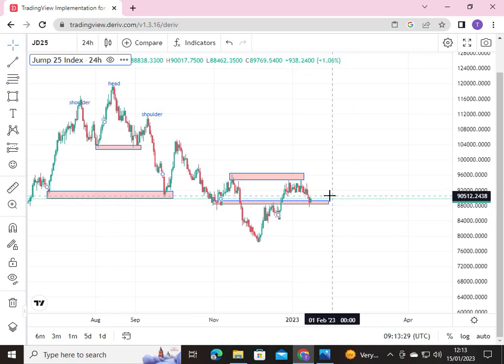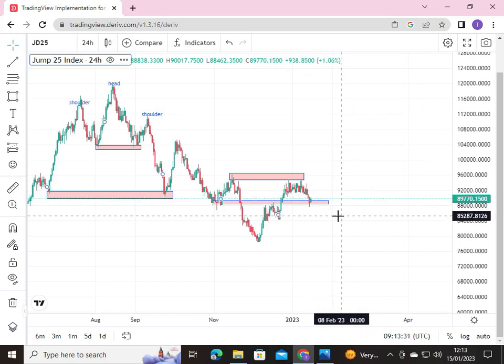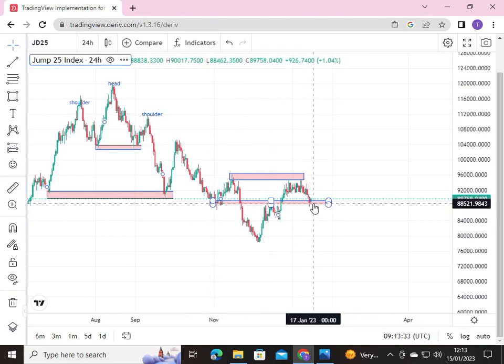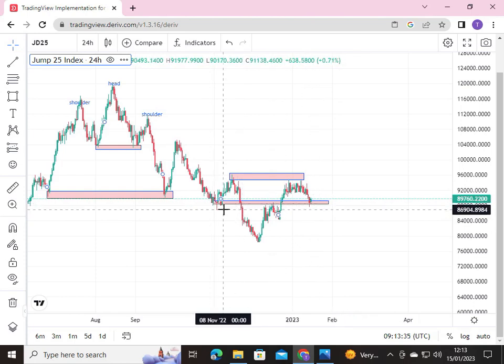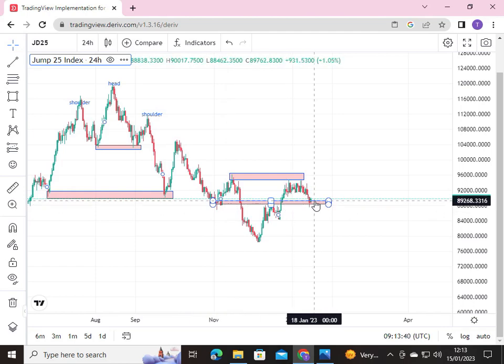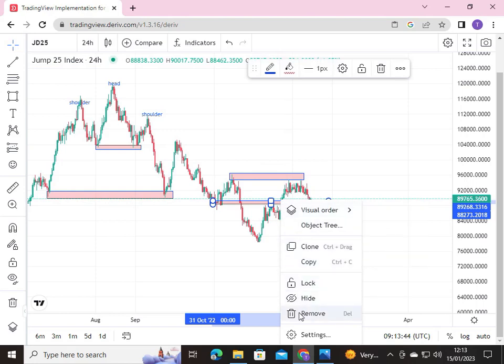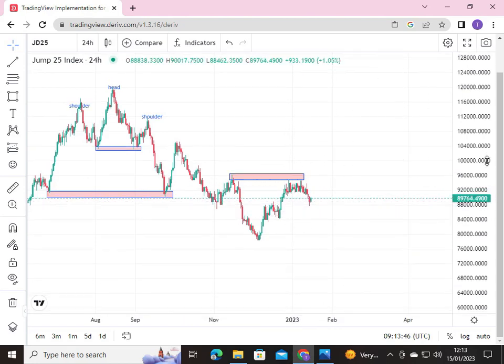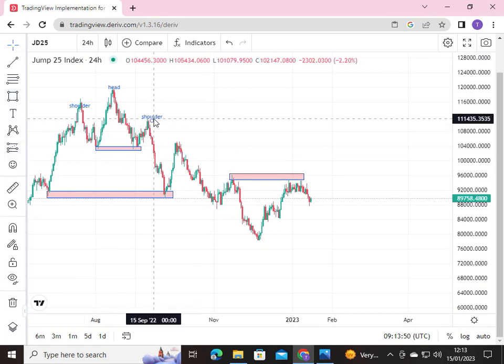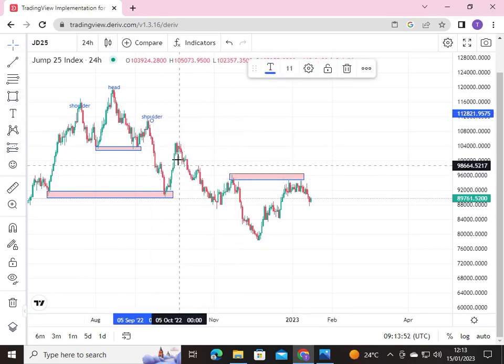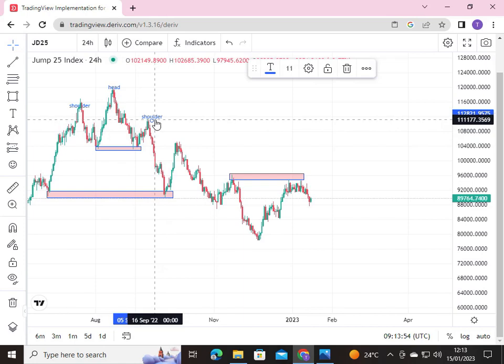So we can predict and see a pattern that is forming. First of all, these are areas of support that extend from this point. The second thing is that I can clearly see a head and shoulders pattern forming.